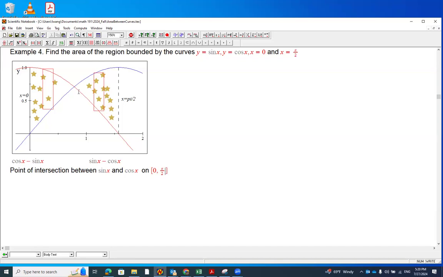So how do we do that? Well, at the point of intersection, sine equals cosine, so sine x equals cosine x. And you probably have guessed it. When does sine x equal cosine x between 0 and pi over 2?